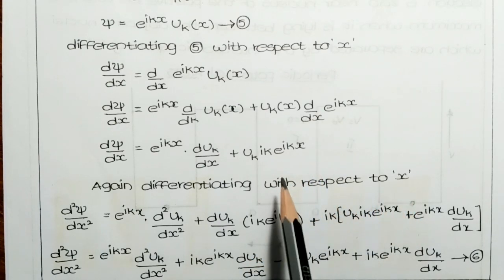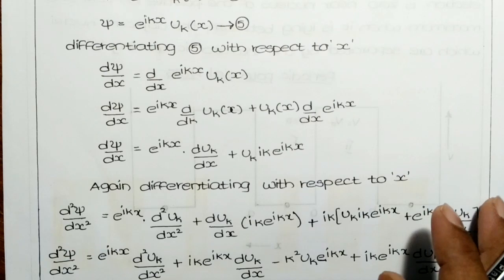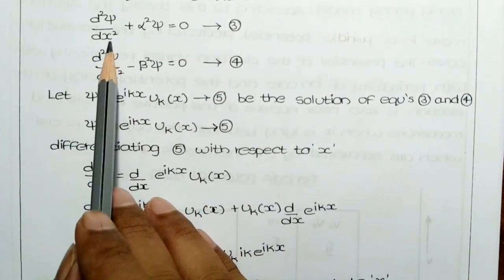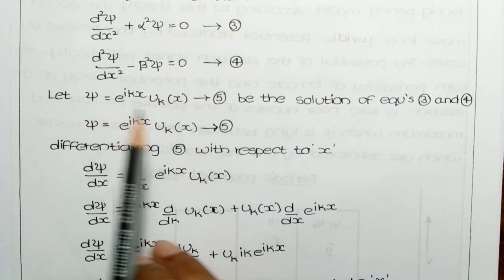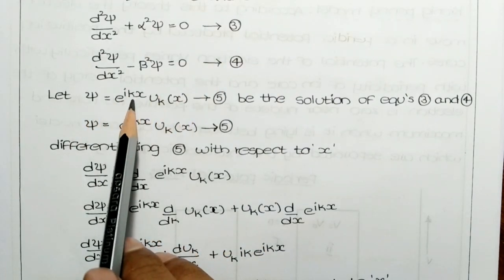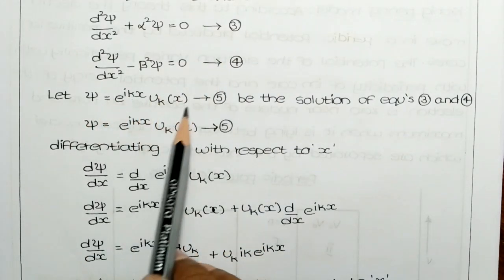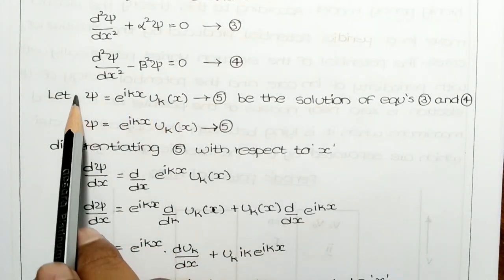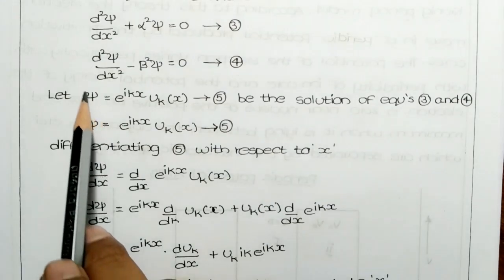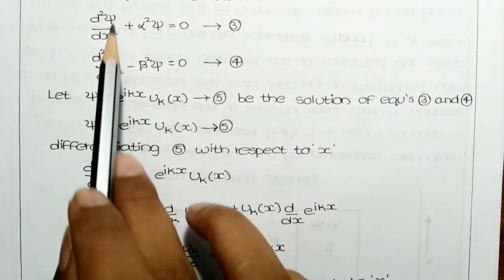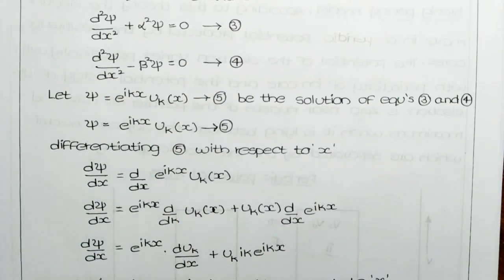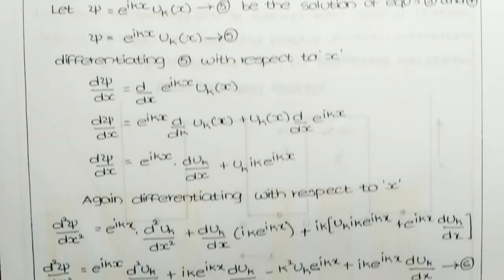What we are doing is, we assumed a solution here and we have to differentiate twice, and then this becomes d²ψ/dx². Then this d²ψ/dx² should be substituted here, here and here. That is our main aim.